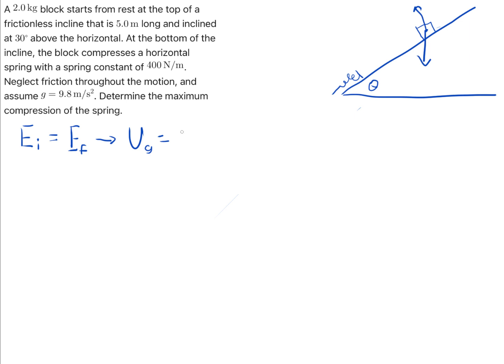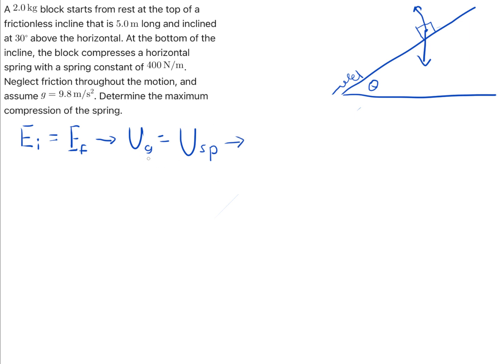And then at the end, it loses all of its gravitational potential energy, and that gets transferred into the potential energy of the spring. So this is our equation for the conservation of energy. And then we can further write this out.